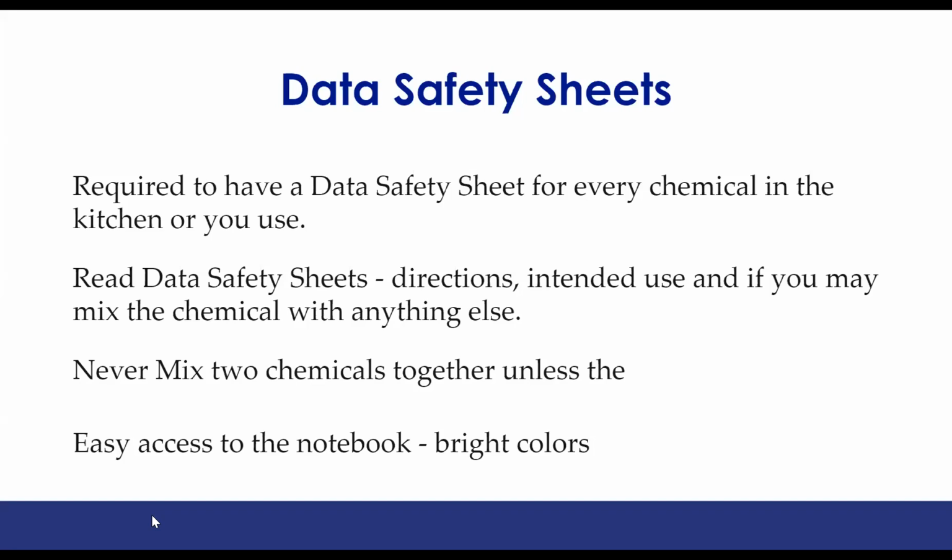You are required by OSHA to have the data safety sheets for every chemical in your kitchen that you use. Usually, if you buy the whole case, they come in with that. But if you don't buy it by the case, all the bottles and the chemicals are required to have the 800 number for you to obtain those. They're easy to get.